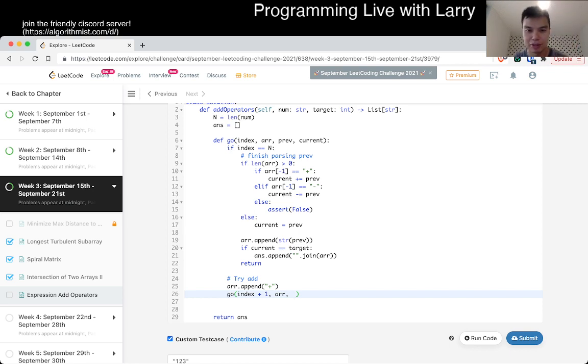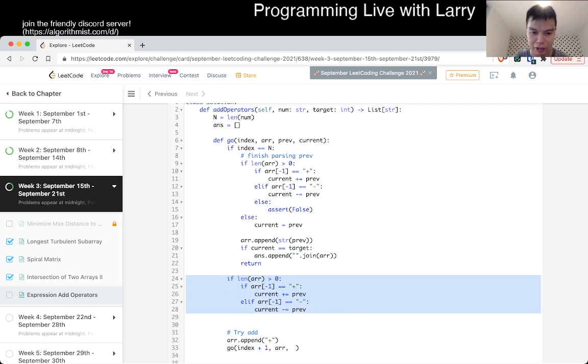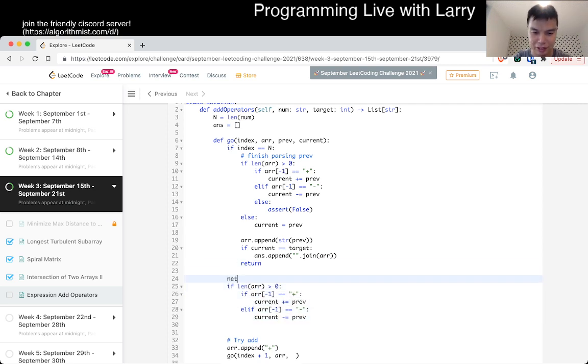I think I have to do this thing here. I think I have to do this thing again. So yeah. But instead of current, we have next current. So next current. Next current is terrible, but nonetheless. Yeah, okay.